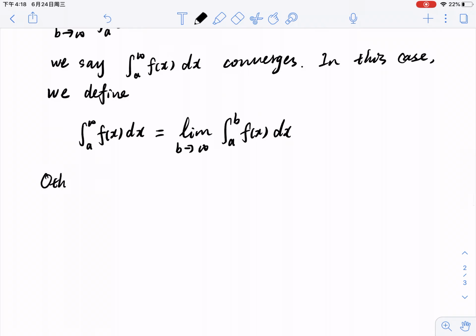Otherwise, we say the integral of f(x) from a to infinity diverges.